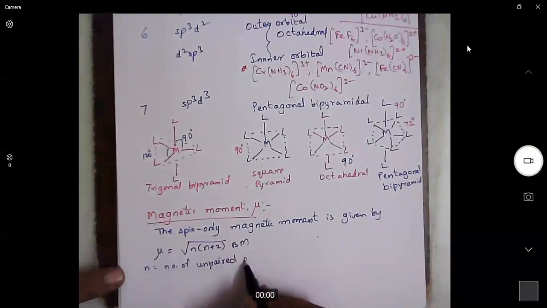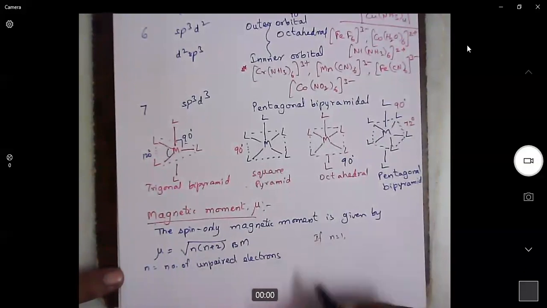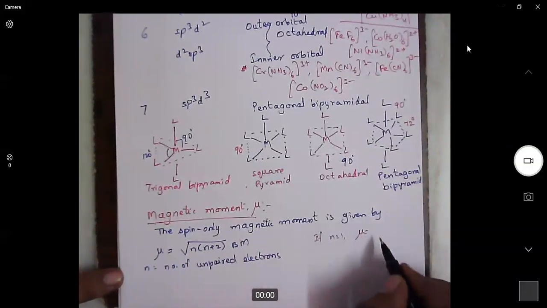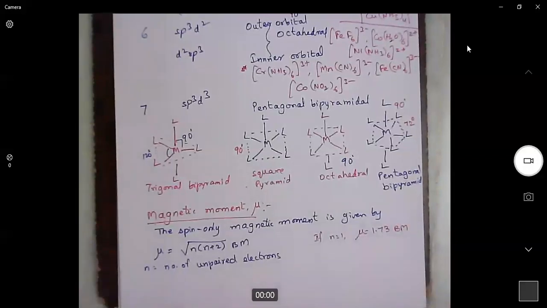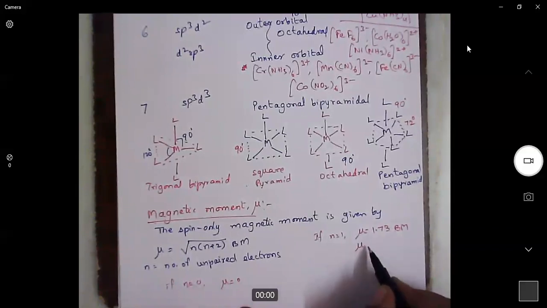For example, if n is equal to 1, then mu is equal to 1.73 Bohr magnetons. You can remember this. If n is equal to 0, then mu is 0. If n is equal to 1, mu is 1.73 Bohr magnetons. If n is equal to 2, mu is 2.83 Bohr magnetons.